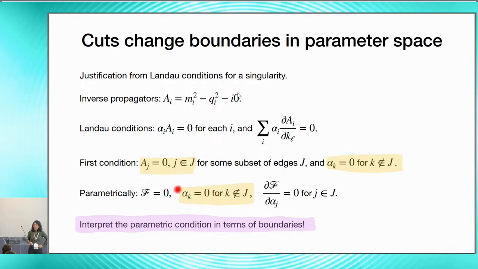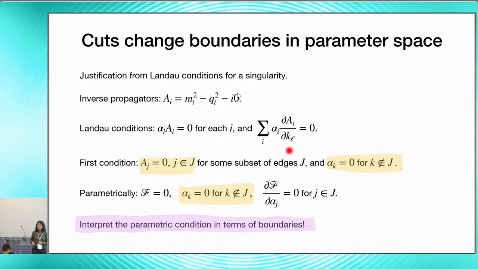That follows from this condition: either the edge is on shell in the momentum sense, or the corresponding alpha equals 0. And then, for the alphas that are not necessarily 0, you still have some conditions on the derivatives, which then turns into a condition on the derivative of f.